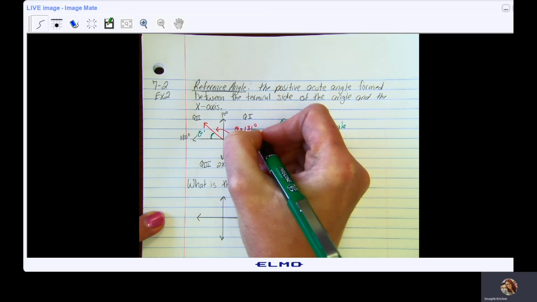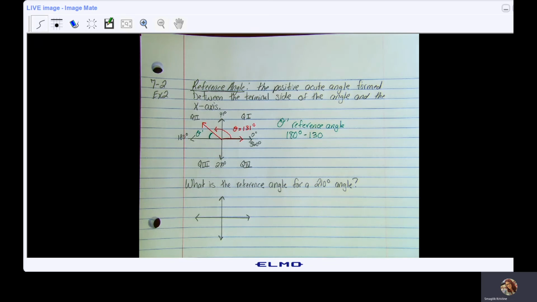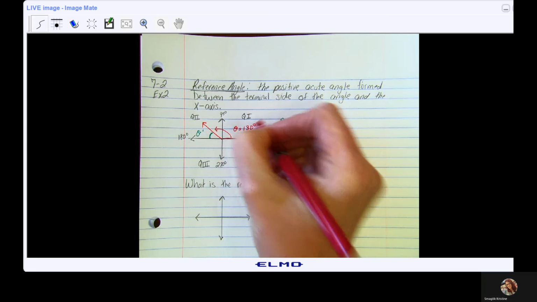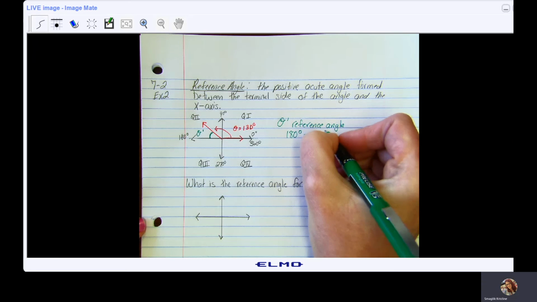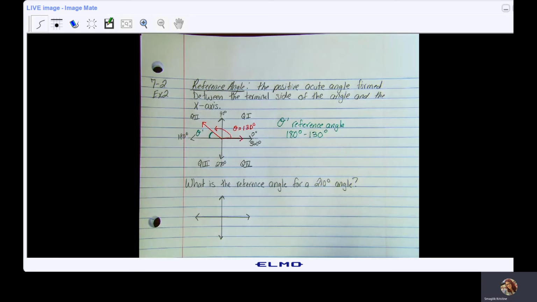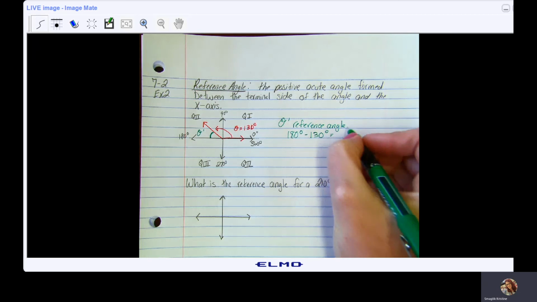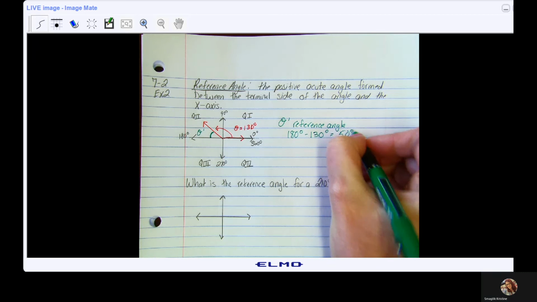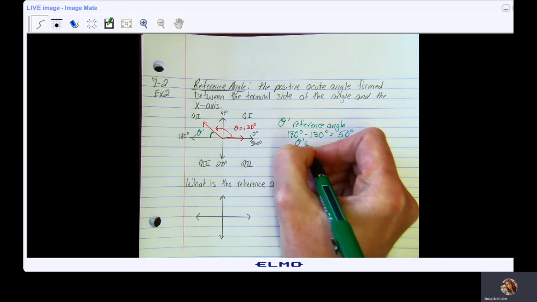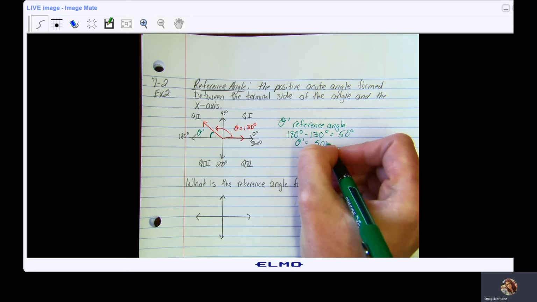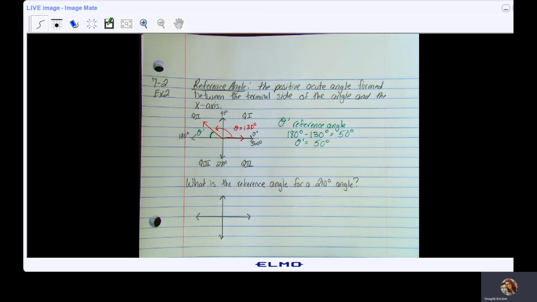Why did I say 131 degrees? That's my bad. Should be 130 degrees. I'm sorry, guys, my bad. So that is 50 degrees. So that means the reference angle is 50 degrees.